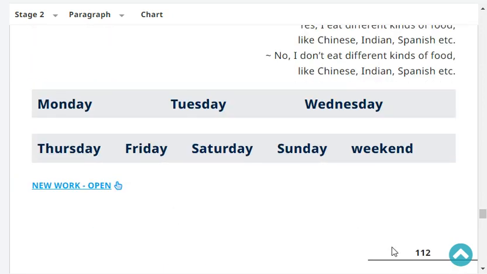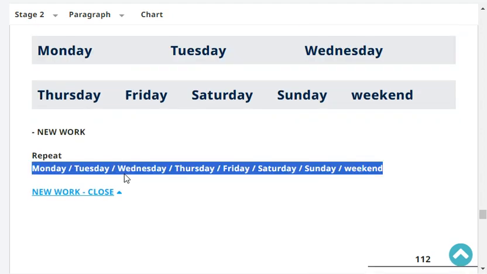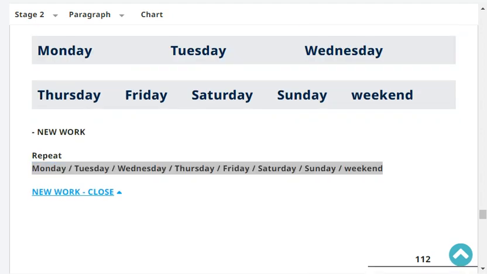No, I don't eat different kinds of food like Chinese, Indian, Spanish, etc. Very good.